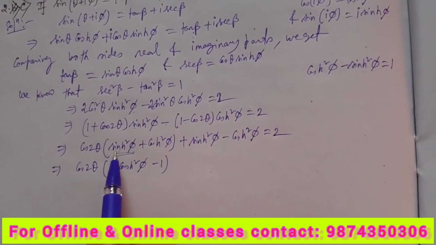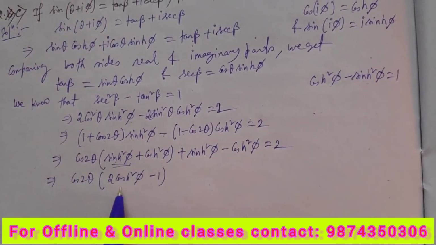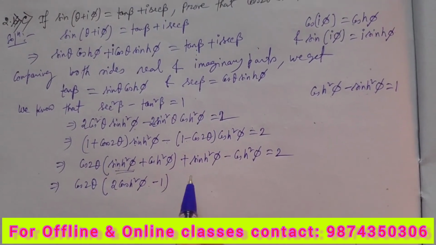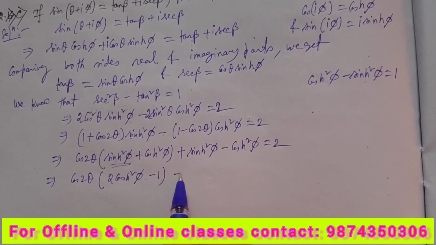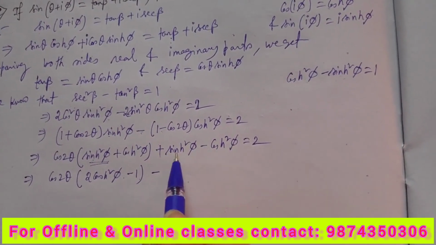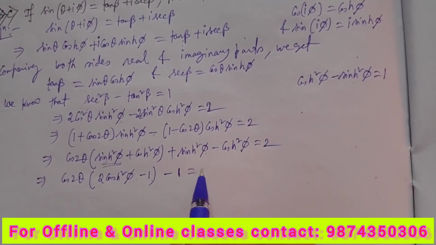We put the value of sinh square phi here: 2 cosh square phi minus 1. Taking minus common, cosh square phi minus sinh square phi, which is 1, so this is 1, is equal to 2.